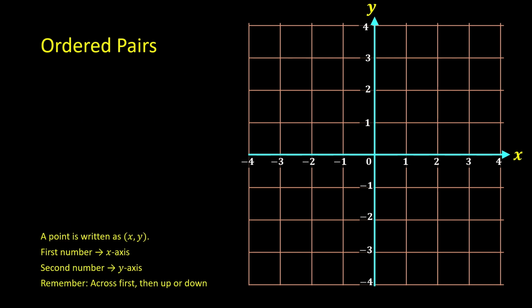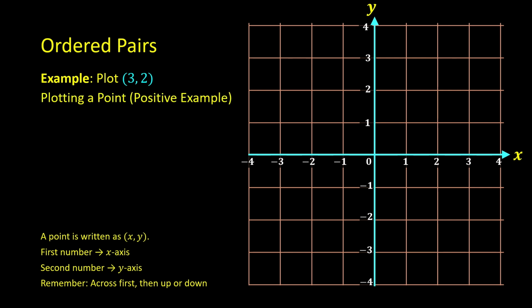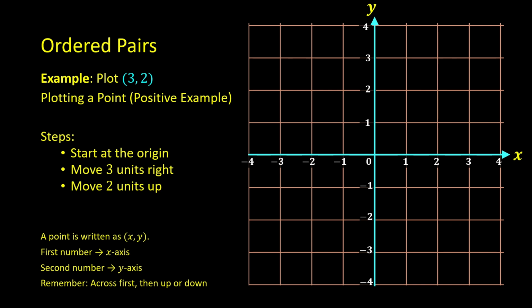Now let us plot a point with positive x and y values. For (3, 2), start at the origin. Then move 3 units to the right along the x-axis, and then move 2 units up, and finally mark the point.